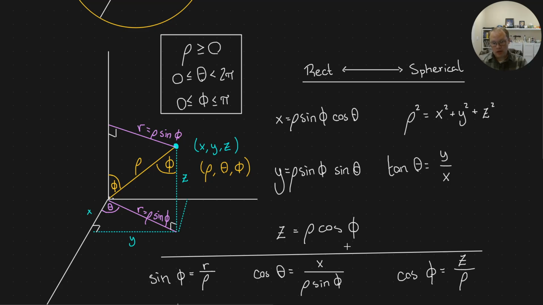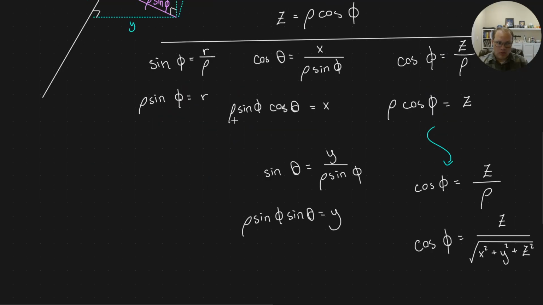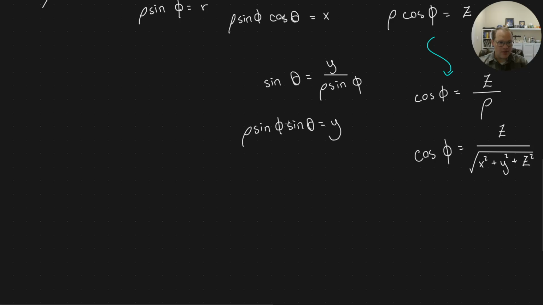But if we want to have every point in three-dimensional space have a unique spherical coordinate, then these are the limits that we impose on rho, on theta, and on phi. Specifically, that means if phi is between 0 and pi, we can safely take the arc cosine function here, because we know the output of the arc cosine function is between 0 and pi.